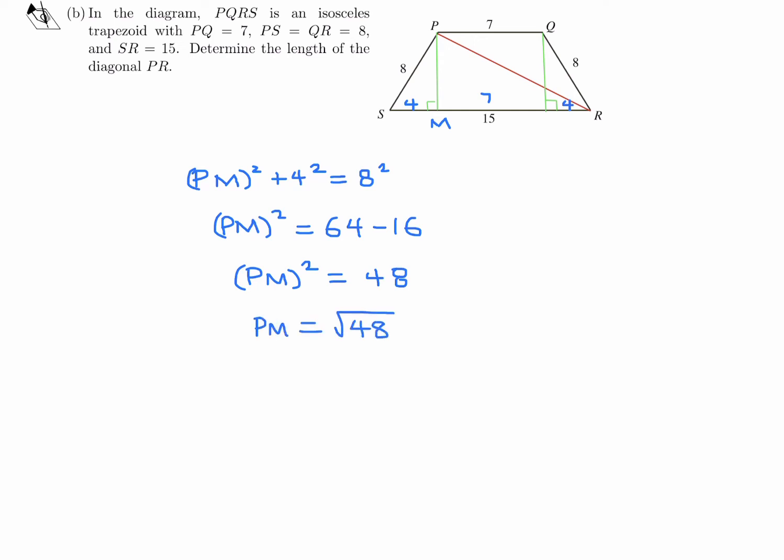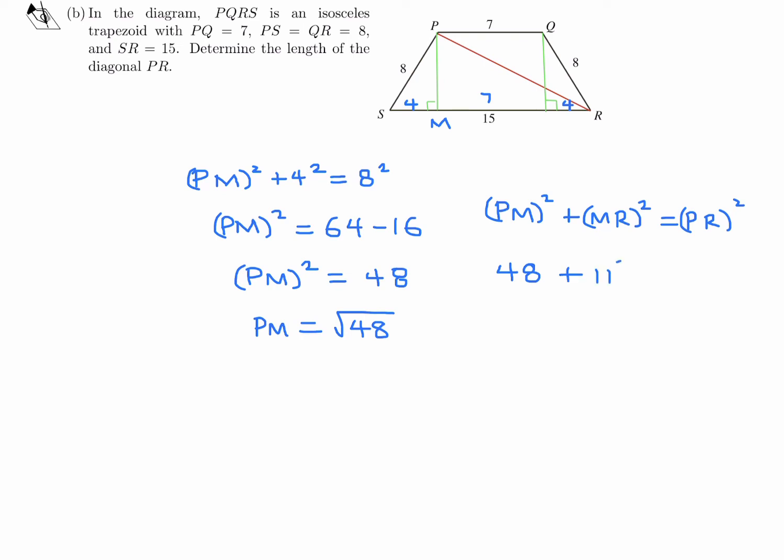Now we can figure out the value of PR using this triangle right here. In that triangle we have PM squared plus MR squared is equal to PR squared. PM squared we just figured out was 48. MR is the distance from there to there, so that's 7 plus 4, which is 11.